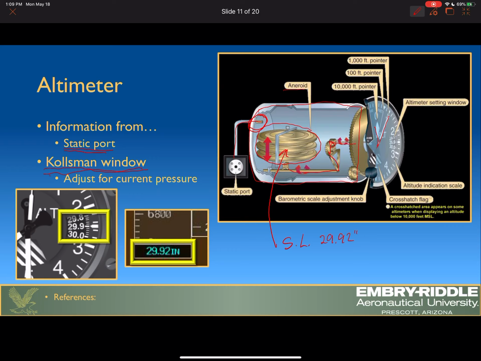So remember, when you go to that Kollsman window and you enter, when you hear the altimeter setting over the radio, that is the altimeter setting for, it's the non-standard pressure for sea level. Not the altitude you're at, it's for the non-standard pressure at sea level. Because from sea level is where we measure everything from.